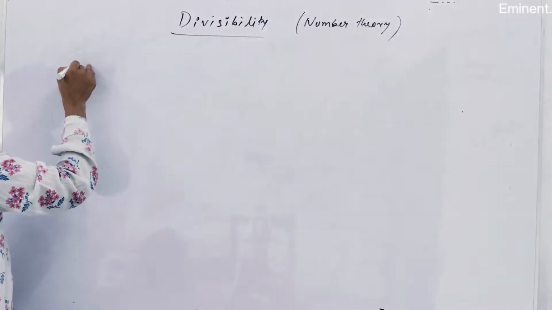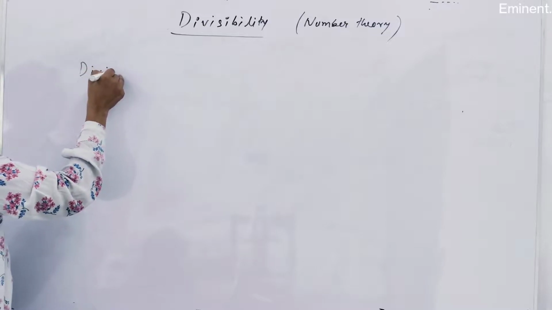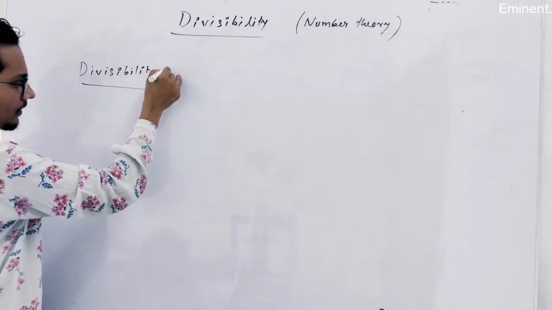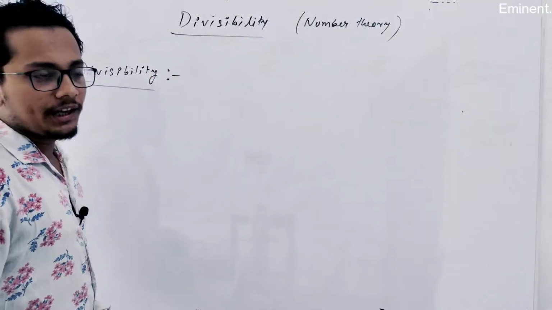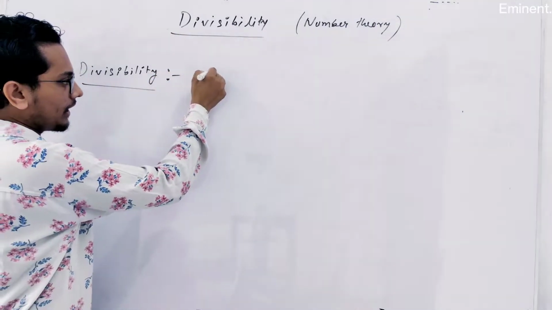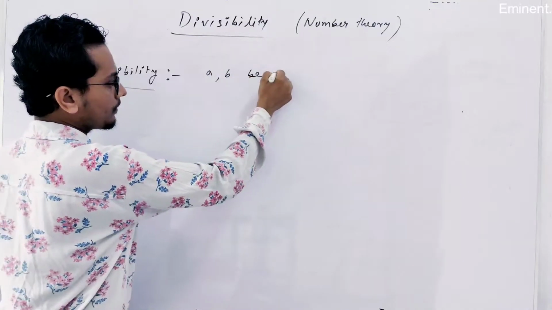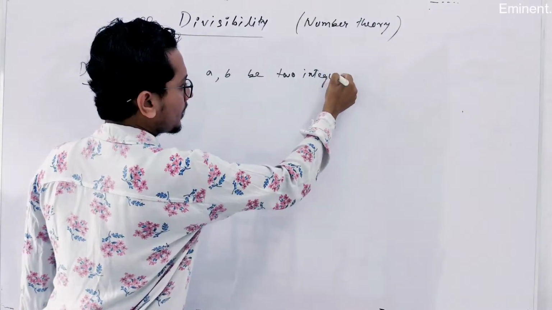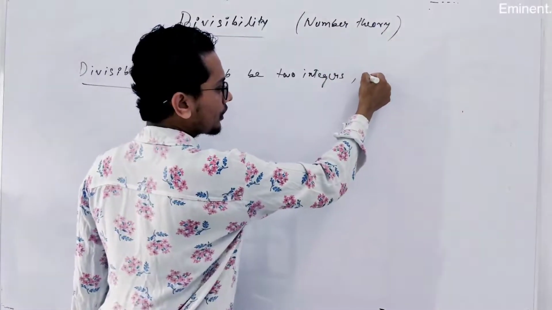First, try to understand the definition, divisibility. For example, we are taking two integers, a comma b, two integers. Remember that here a not equals to 0.